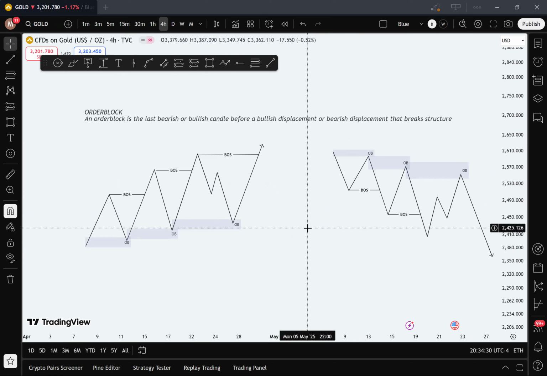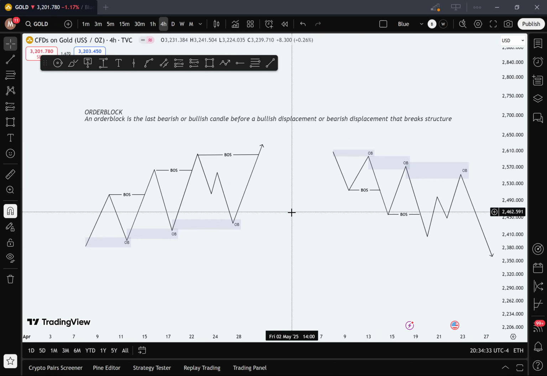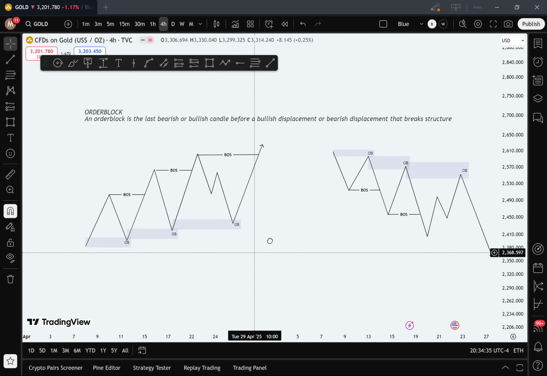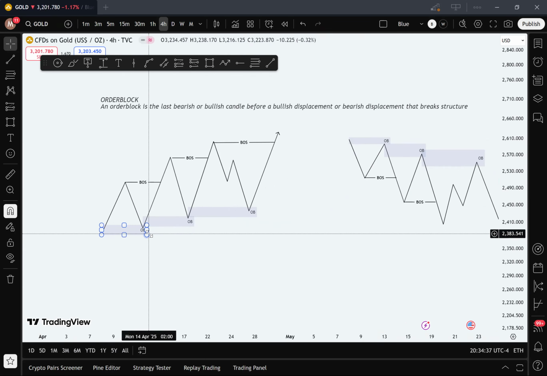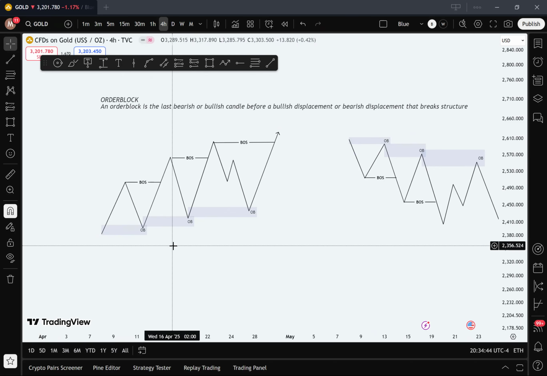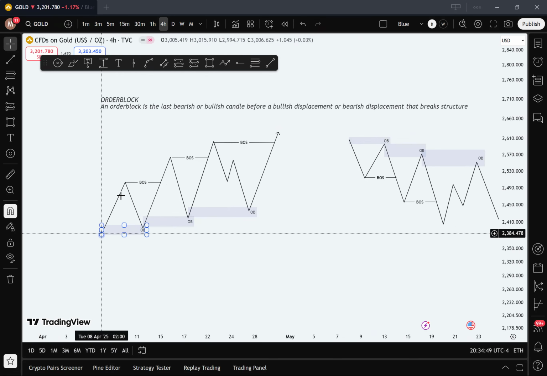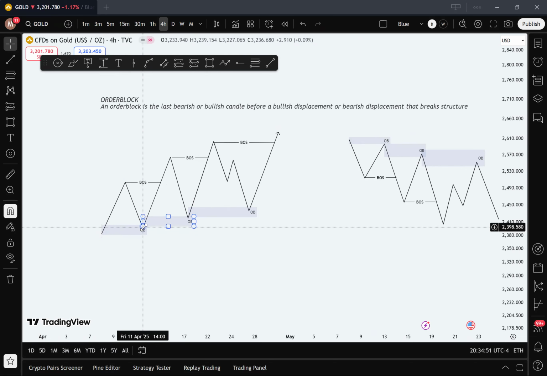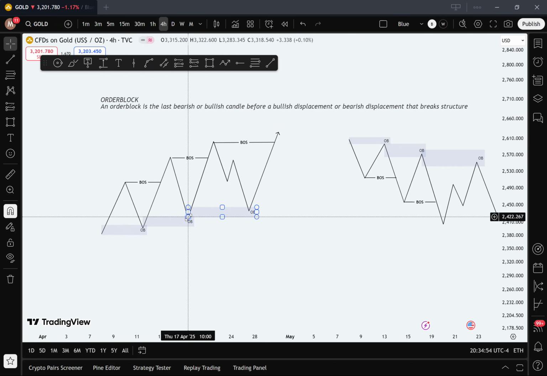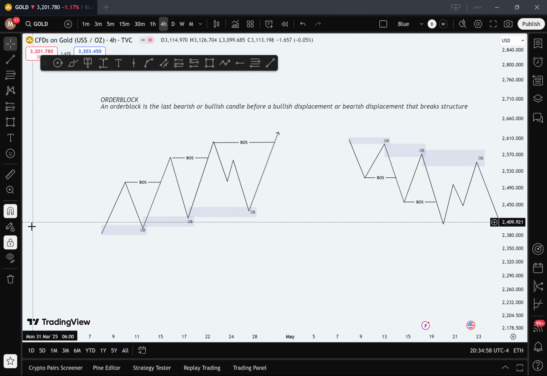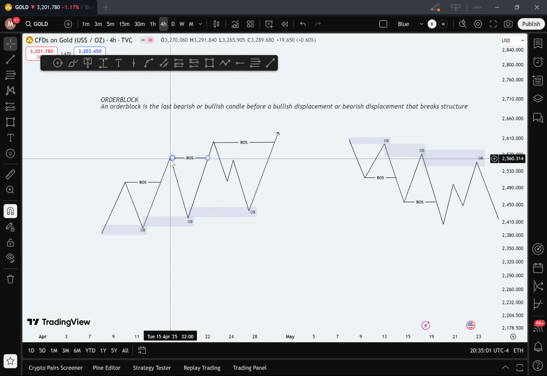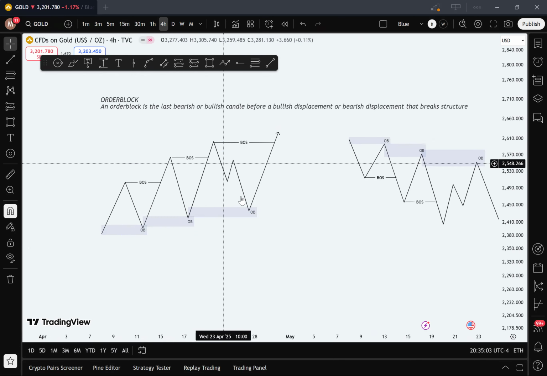When we come to the bullish order block, what we mean is that a bullish order block is the last bearish candle before a break of structure. Let's say this is an uptrend, so you have a higher high and a higher low here, and a higher high and a higher low right here.